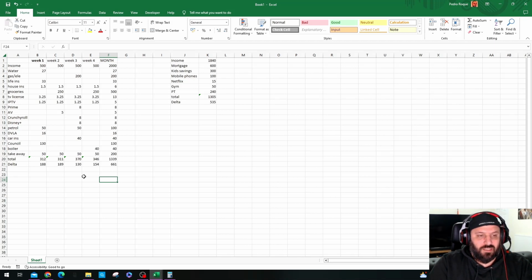Which means that in the end, if I got any debt or credit cards to pay or whatever, it's £400 a month that you can put aside and pay those expenses, or £400 a month that you can put directly into savings.